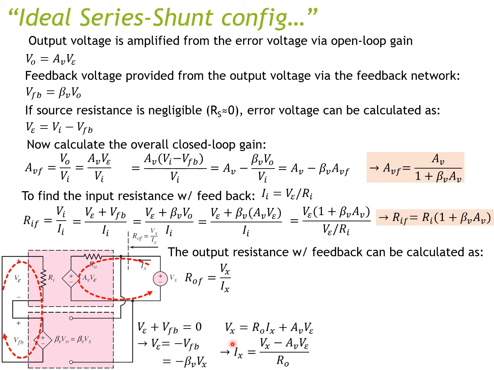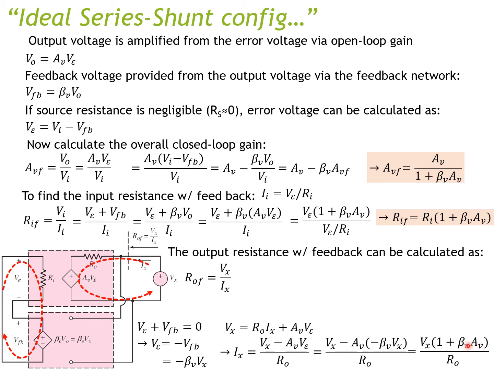So I can calculate my Ix, which is equal to Vx minus AV multiplied by minus beta Vx, over R naught. Then you can turn this minus sign into a plus sign.